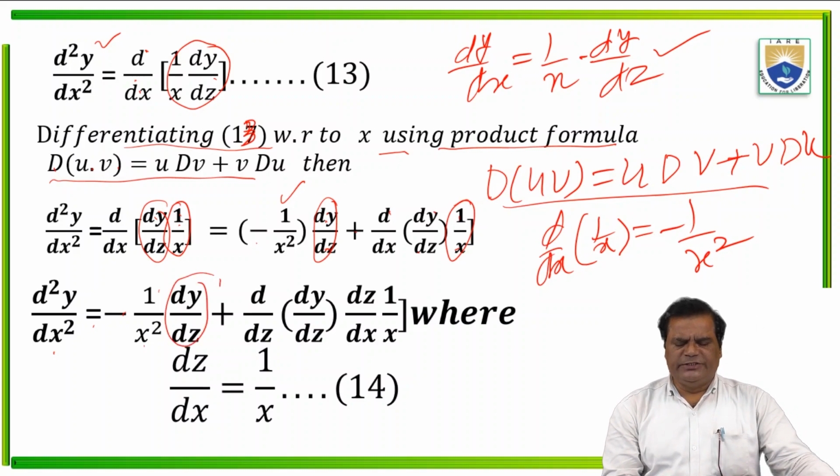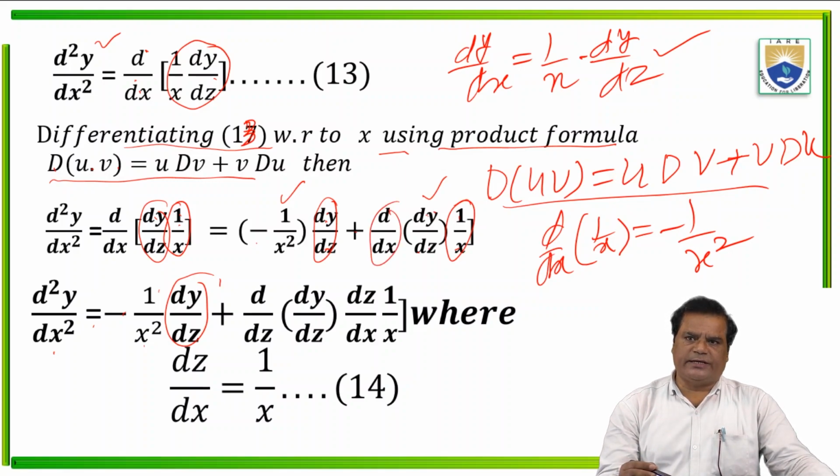How can we differentiate this function? Inside the bracket is dy/dz, so y is a function of z, but outside the differentiation is with respect to x. So we change the variable. Here it should be d/dz. So I am writing d/dz of dy/dz, times dz/dx, and 1/x.